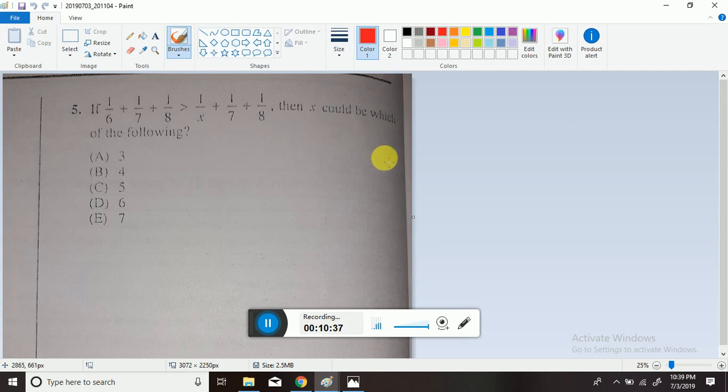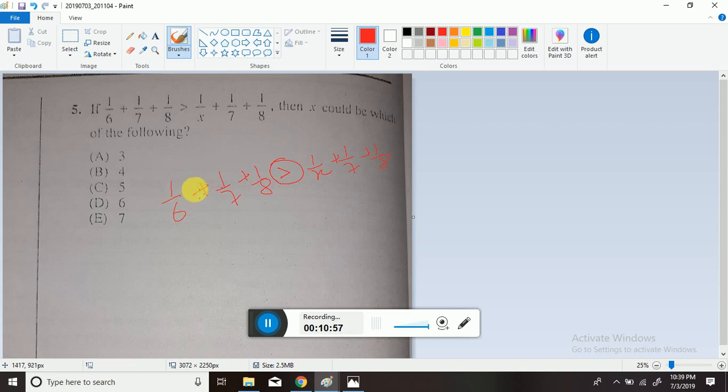It is an inequality here. So 1/6 plus 1/7 plus 1/8 is greater than 1/x plus 1/7 plus 1/8.